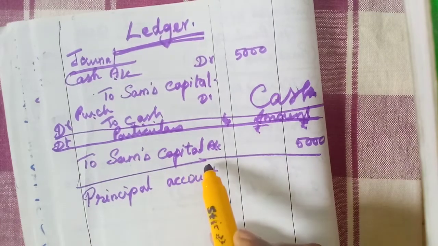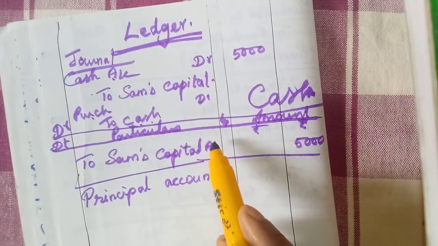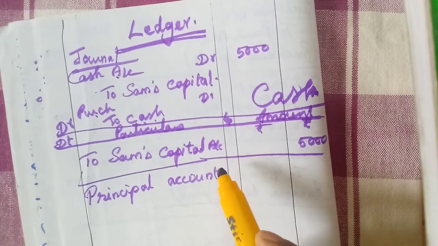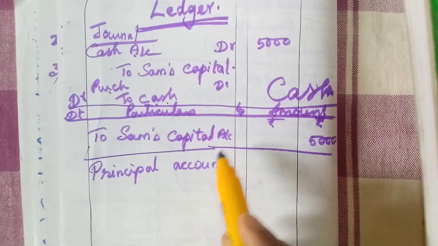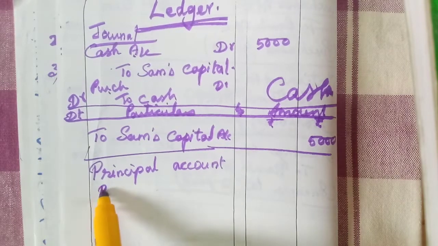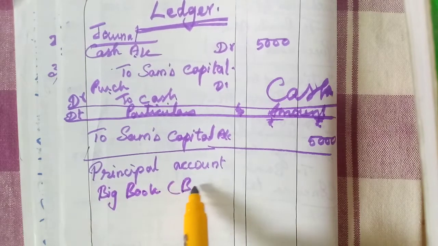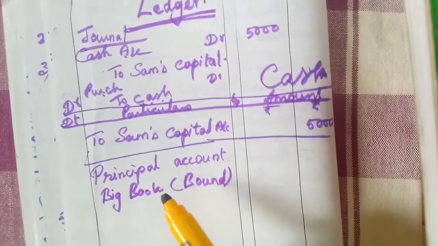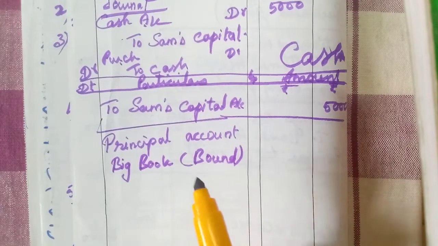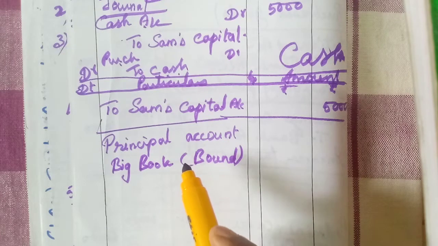In big business houses nowadays, they maintain all the accounts in the computer, isn't it? But in the olden days, in a very big business concern, they would have a very big book, a bound book. You might have seen an account book, no? A bound book having thousands of pages. Each page will be given for one customer or supplier, one account.